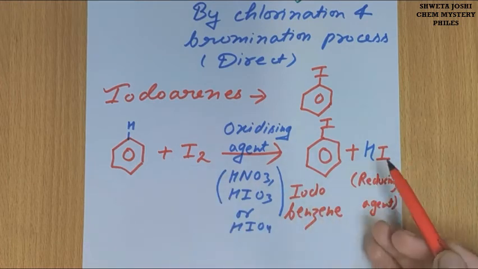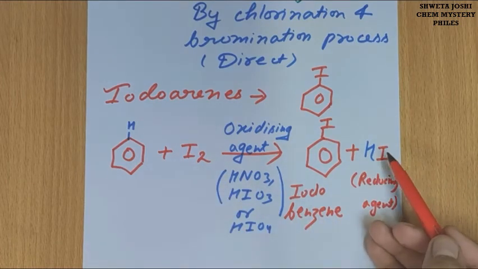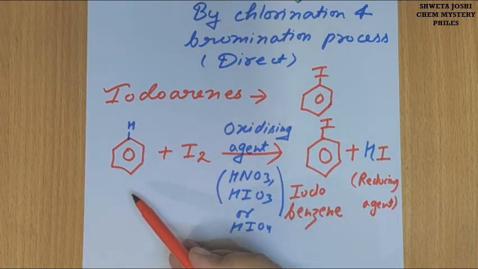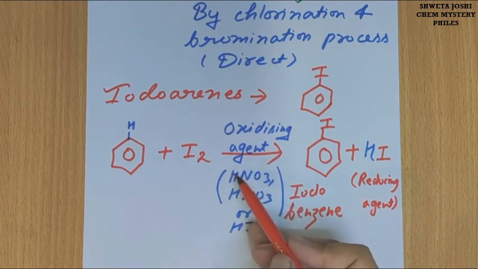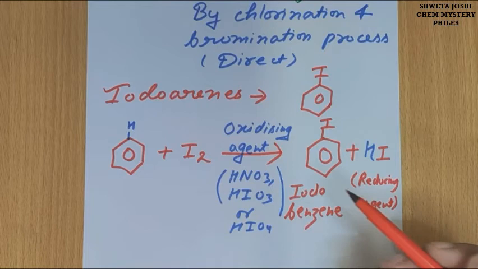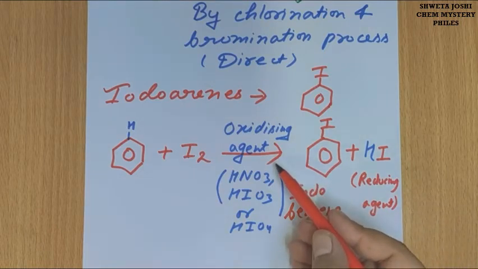If you are not going to remove this HI, it will react with this iodobenzene after formation and again you will obtain your reactants. So the reaction will become reversible. So in order to prevent reversibility of the reaction, you have to take an oxidizing agent.